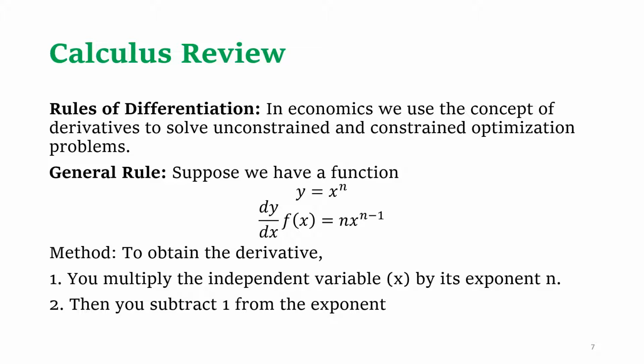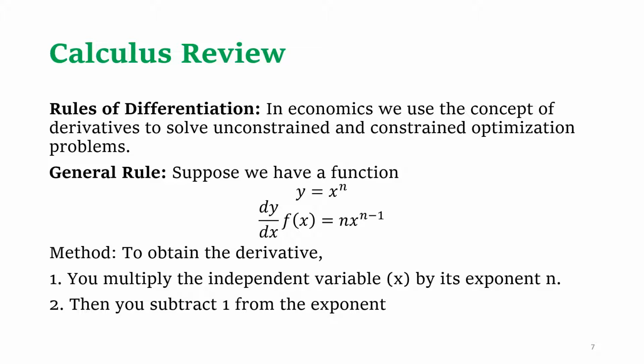So what we do here as a general rule, we are going to take the power. Now you see y equals x to the power n, right? We are going to take this power n and multiply the entire x to the power n by that value n. Have you seen? So if we multiply x to the n by this n, it's going to be n x to the power n.